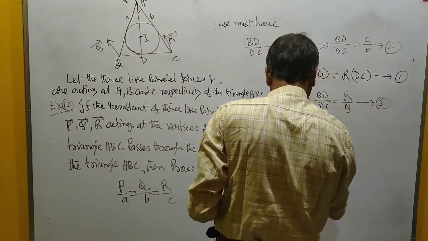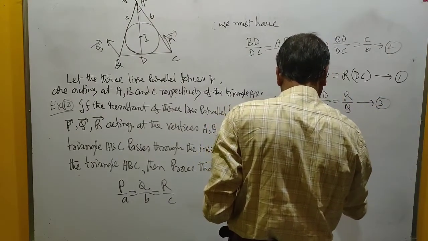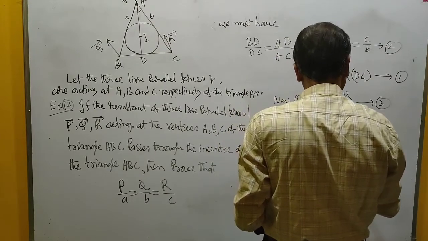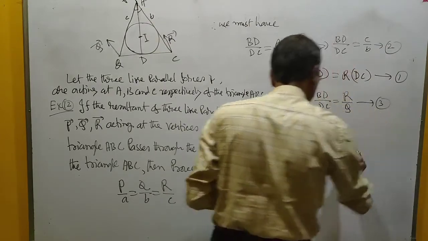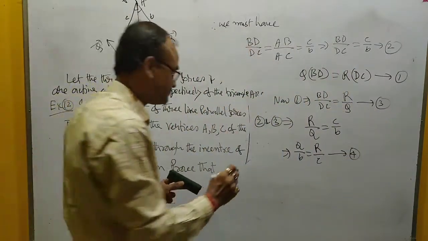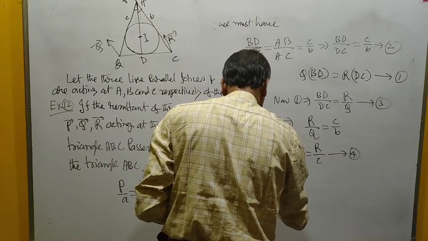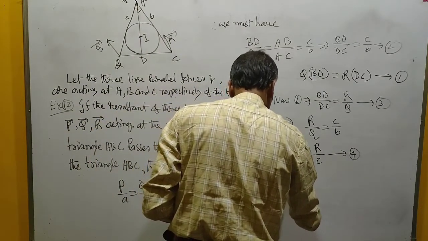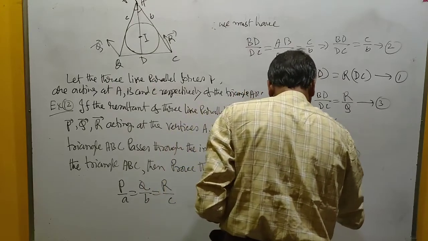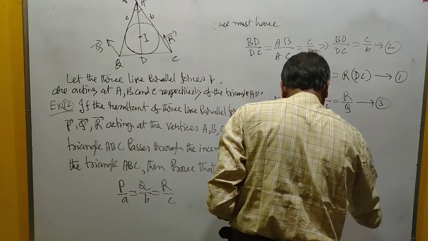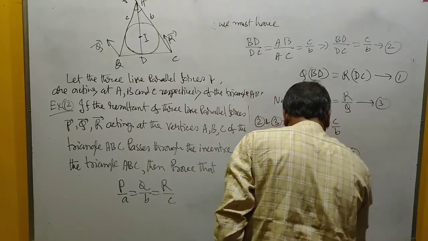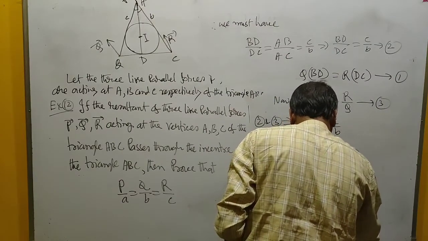This means Q by b equal to R by c. Similarly, we can prove that P by a equal to Q by b.